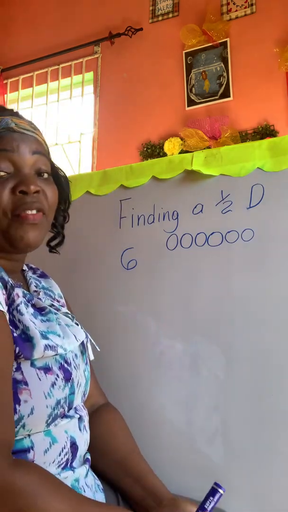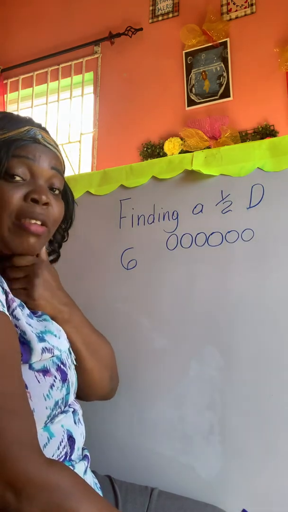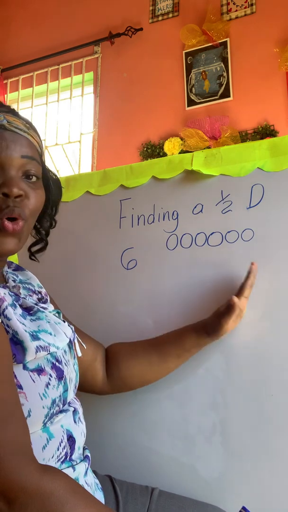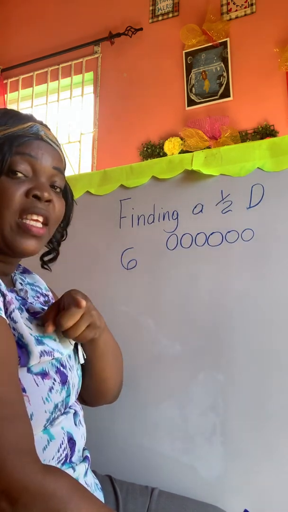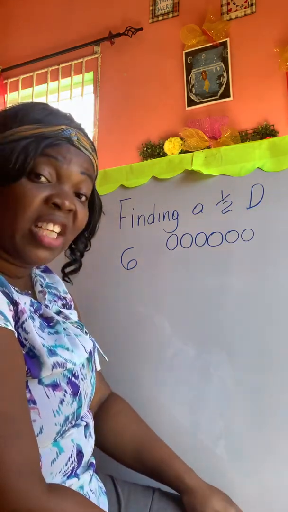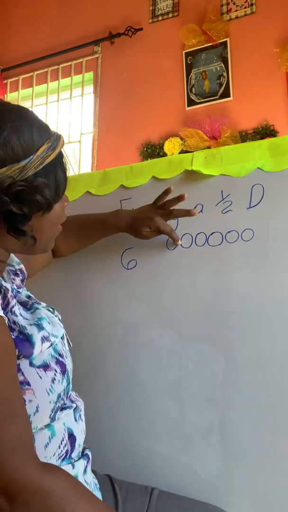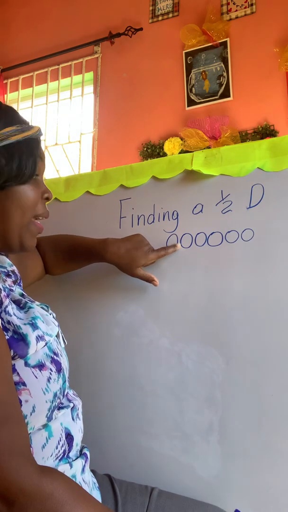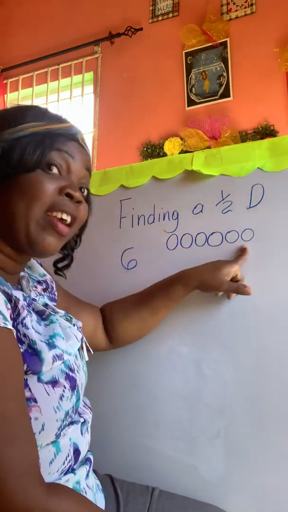Now I want to find a half of this amount. What should I do? The two sides of the halves must be equal. How do I find that out? If I part it here, it will not be even, because 1 would be over here and 5 over here.